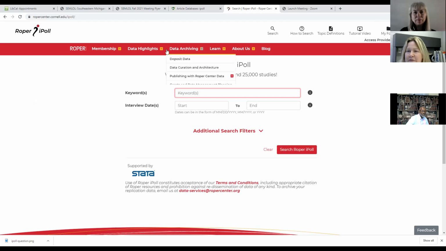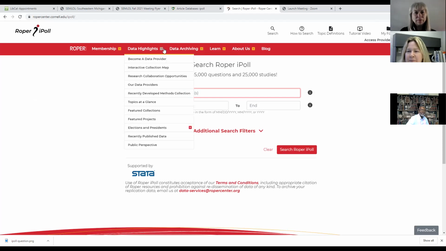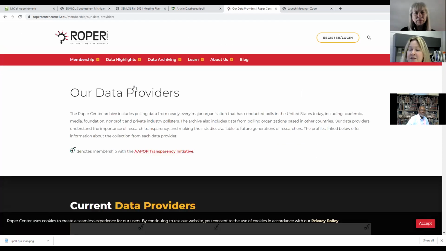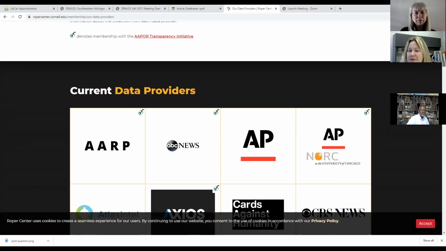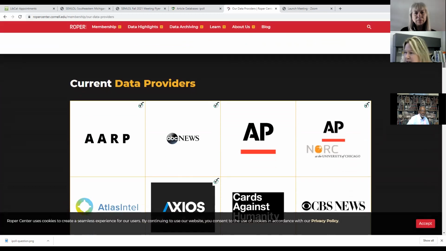I think I will try to find here, okay, our data providers. This is very visual, but these are some of the data providers that they had.